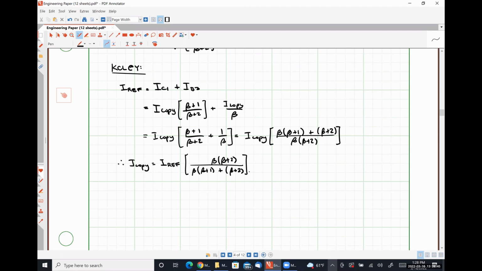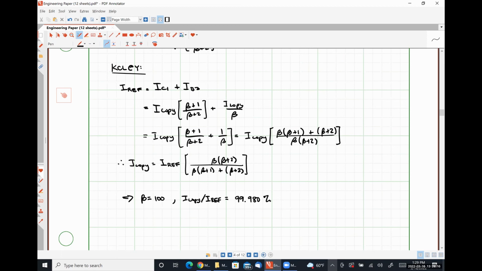And now for beta is equal to 100, I copy over IREF is 99.980%. So we have a nearly identical copy currently.